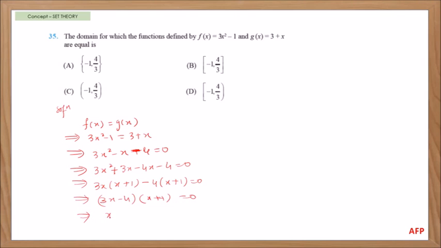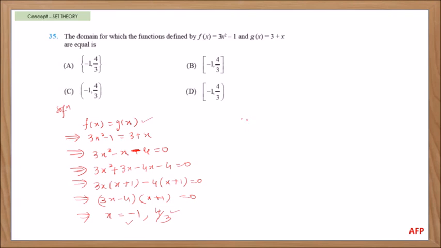So here x equals minus 1 and x equals 4 by 3. So only for minus 1 is f of x equal to g of x, and only for 4 by 3 is f of x equal to g of x. Only for these two values.